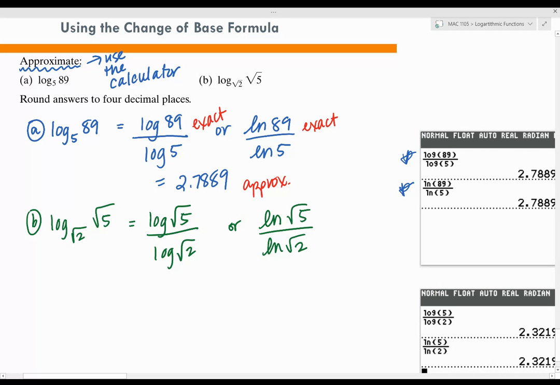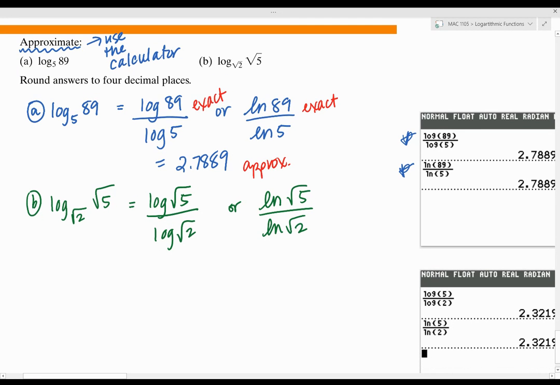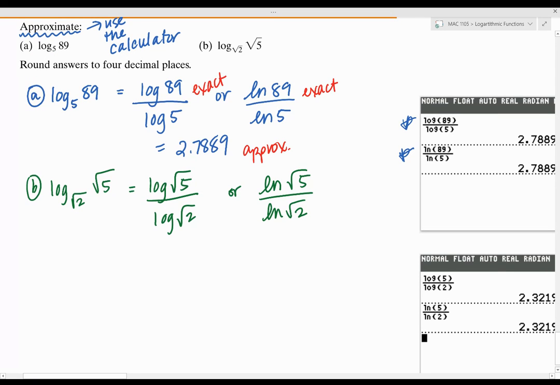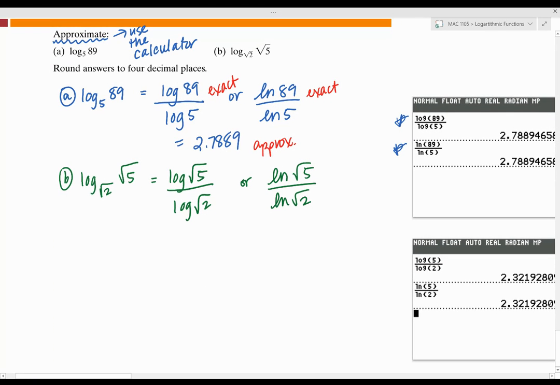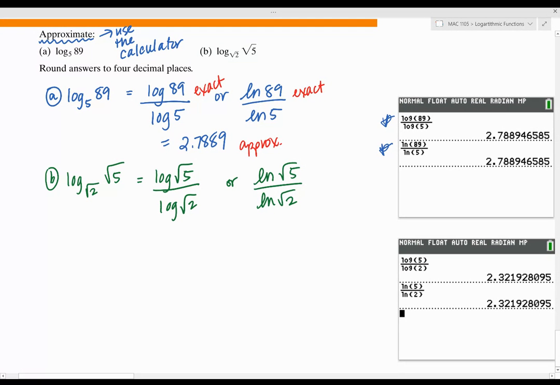Now, no matter what answer or which version you give them, if they were to ask for the exact answer, you cannot leave the square roots in the answer. So when we were expanding and condensing logs, remember anytime we saw a square root, we converted it to a rational exponent, which was a half. And we know that powers for logs can come to the front.